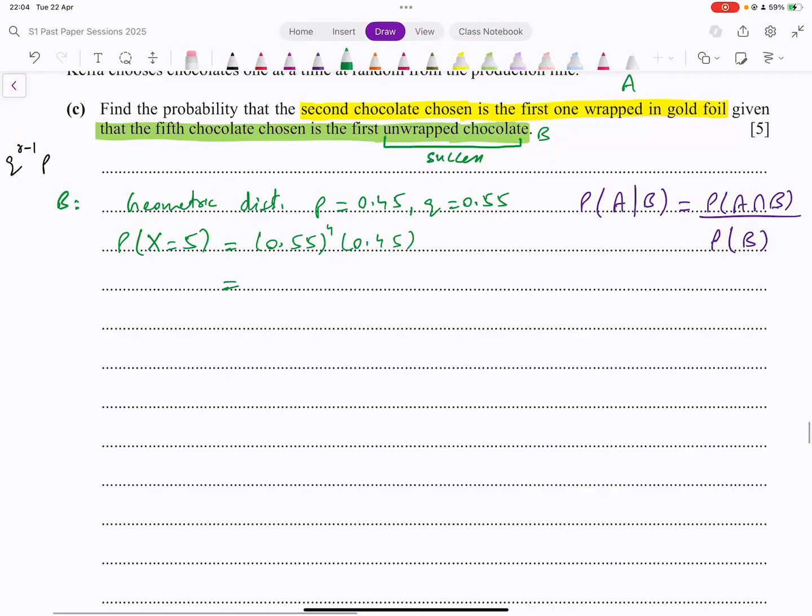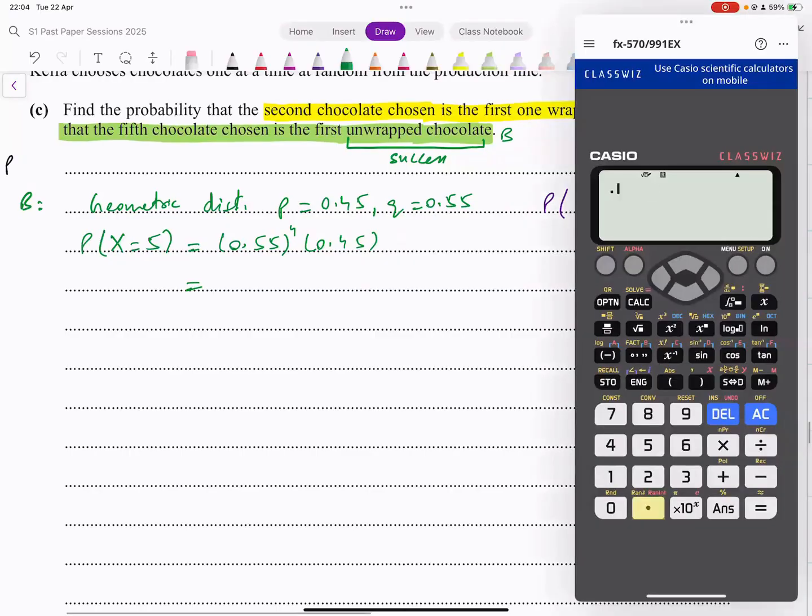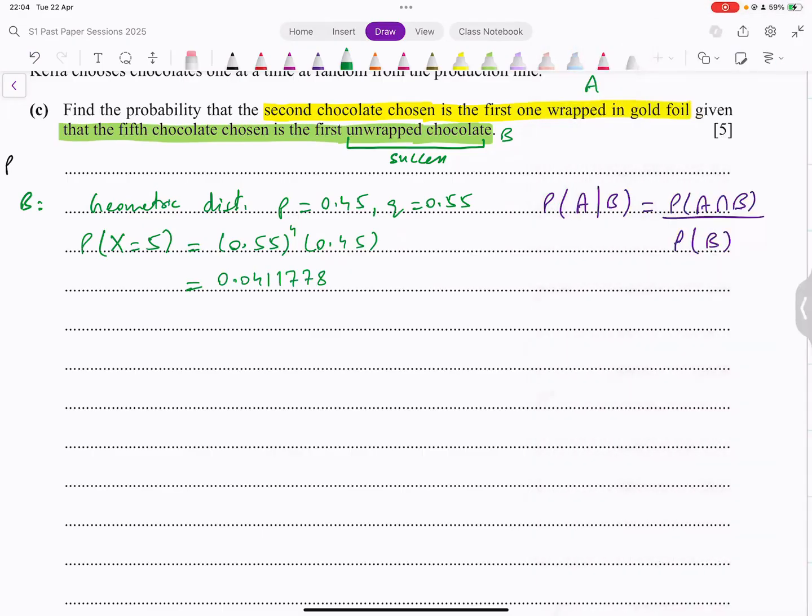You can see what this turns out to be. 0.55 raised to the power 4 into 0.45, and that will be 0.04111778. That's the probability of the given event. That is going to be the denominator. That's going to be the denominator of your formula. Okay.